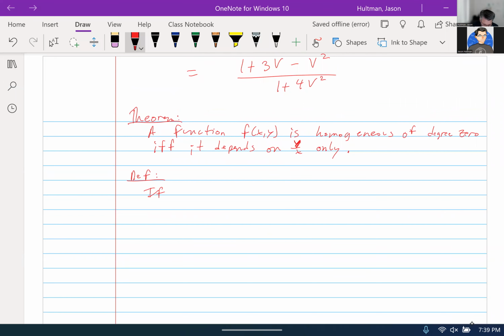A definition. If f of x, y is homogeneous of degree 0, then the differential equation dy dx equals f of x, y is called a homogeneous first order differential equation.